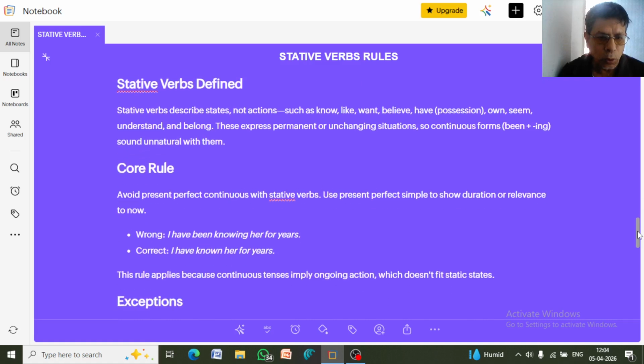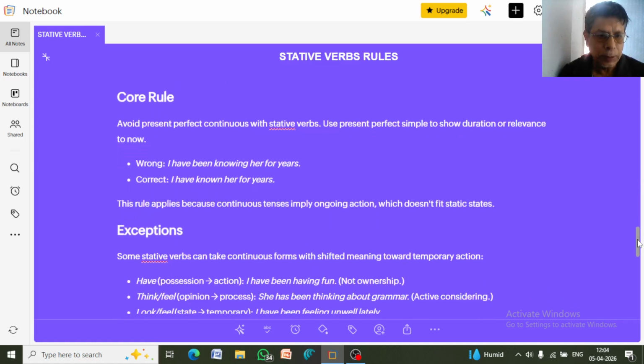Now, core rules. Avoid present perfect continuous with stative verbs. Use perfect simple to show duration or relevance to now. So, when you are using these stative verbs, do not use them in perfect continuous tense, but use perfect tense instead.